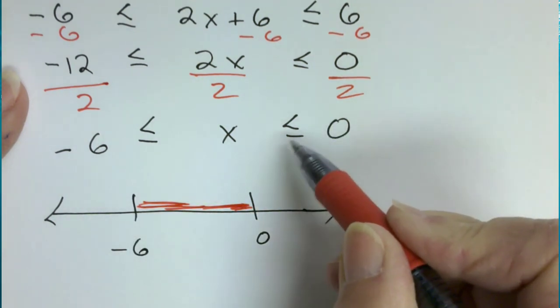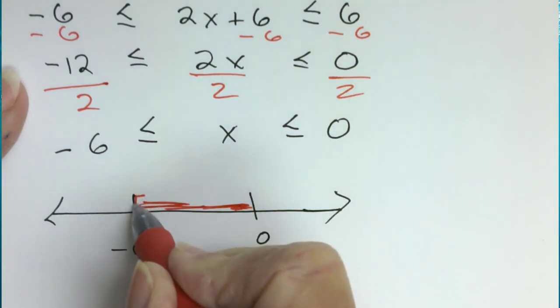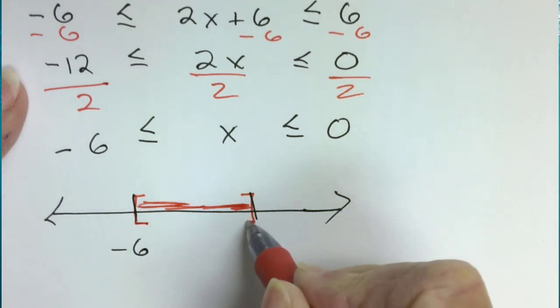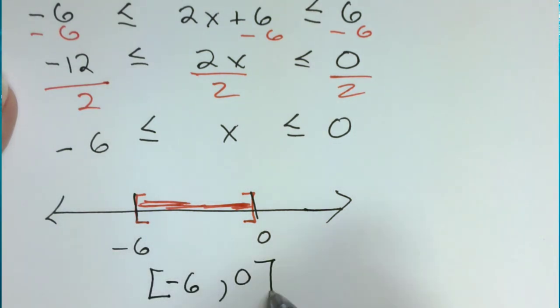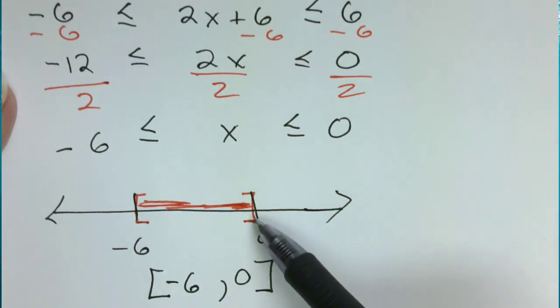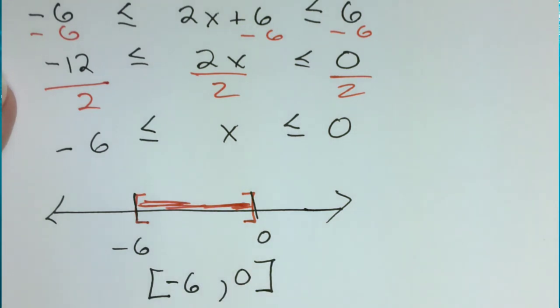And I had an equals underneath on both inequality symbols, so that will be a bracket opening in the direction of your shading. Interval notation will be [-6, 0]. On your My Open Math software, you will use a closed circle for the brackets.